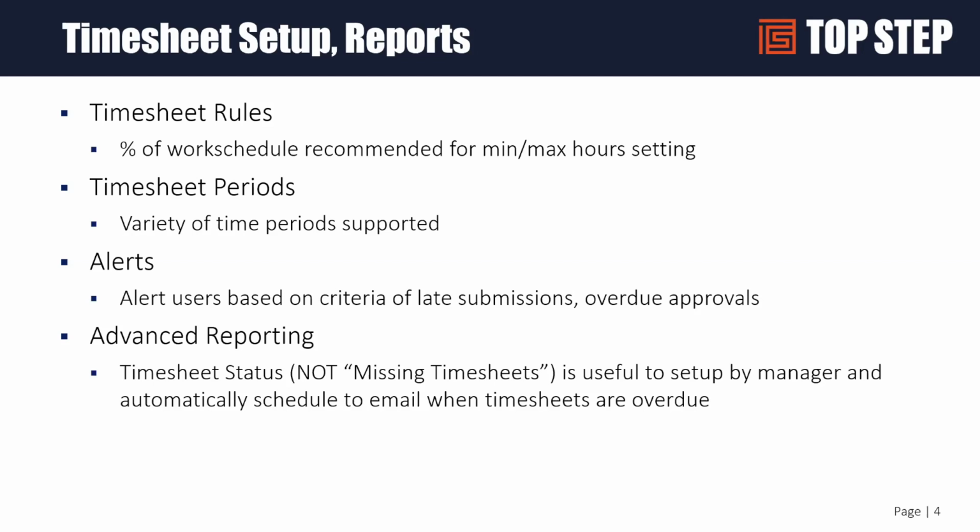The second bullet here is timesheet periods. This is the ability to define in OpenAir which periods of time are available for people to enter time. Typically, these are in week-long increments. So you can set up a list in OpenAir that says, I'm only allowing timesheet entry for this week, last week, and the week prior, or something similar to that.